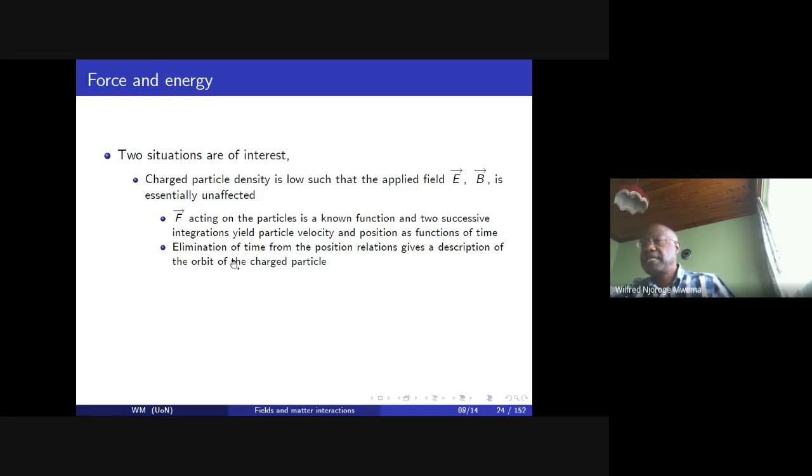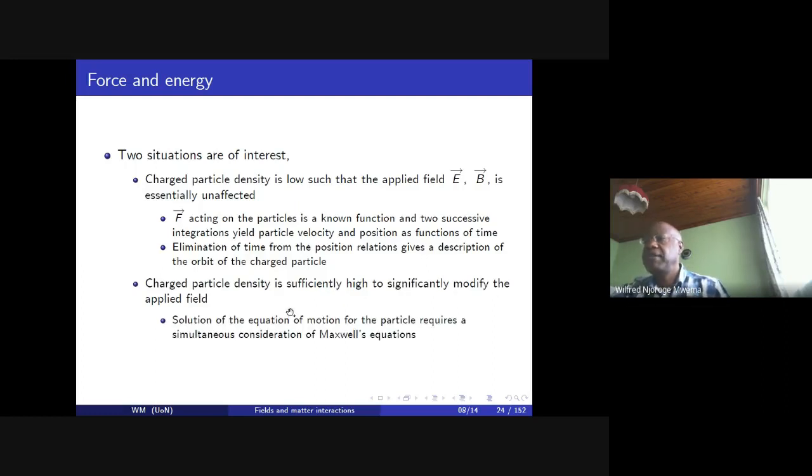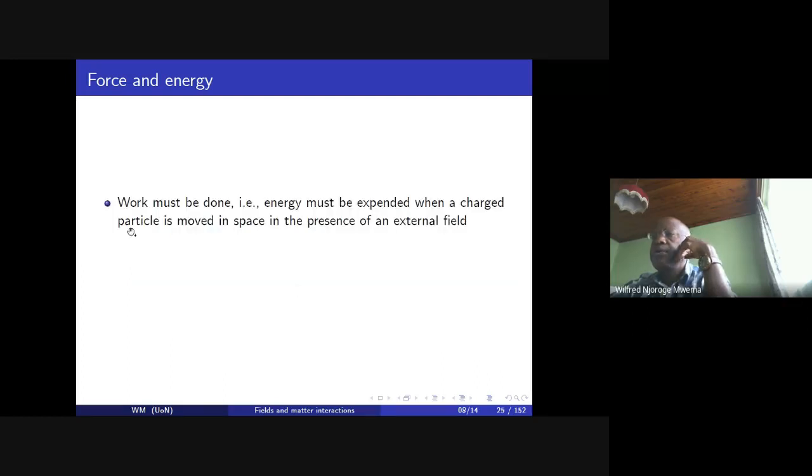If we eliminate the time from the position relations, we'll get a description of how the orbit of the charged particle goes. Two, if the charged particle density is sufficiently high to significantly modify the applied field, then the solution of the equation of motion for the particle will require that we also consider Maxwell's equations.